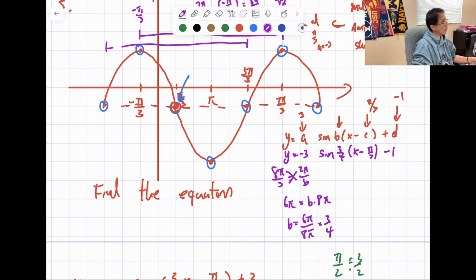How do I know that it's -3 and not just 3? That's a good question, because sine graphs start at the midline, but since it's going down, that's going to be -3. Yes. If we found B using the way we multiplied. What? We were finding B.